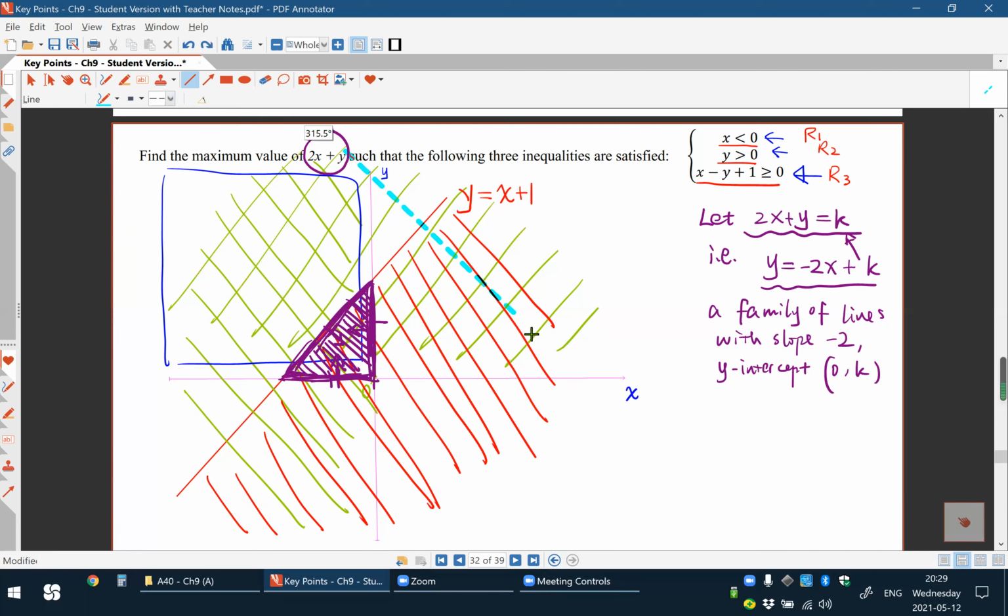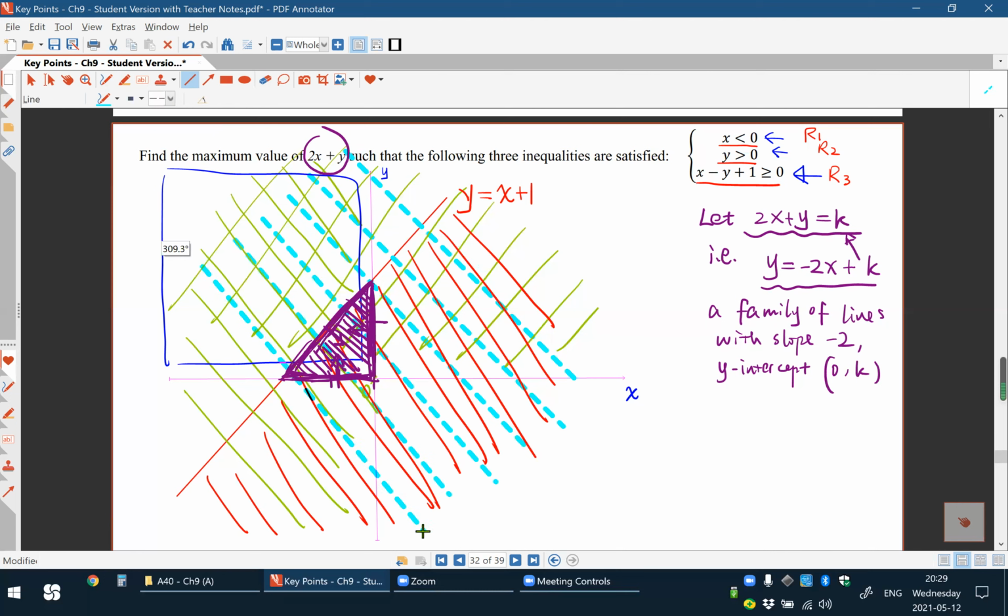And it could look like this, or this, or this, or this. Because it's a family of lines, right? Different k corresponds to different lines, right? But these lines should be all parallel, right? So what can you tell me from the graph?